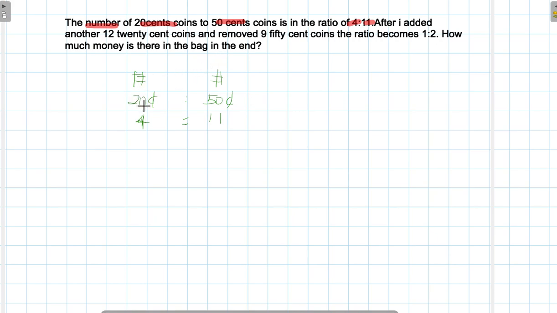Then I add 12 20-cent coins. So here I add 12 coins. But then here I remove 9 coins. You see? And I have an end ratio of still 1:2.